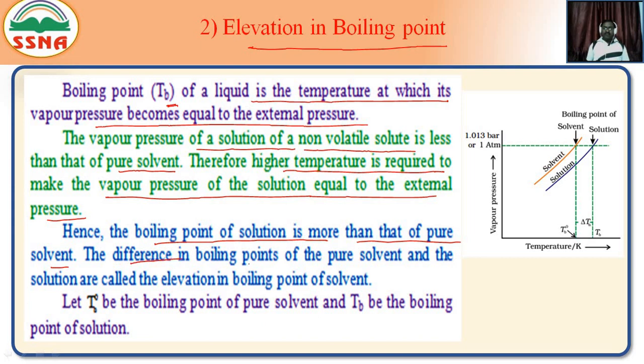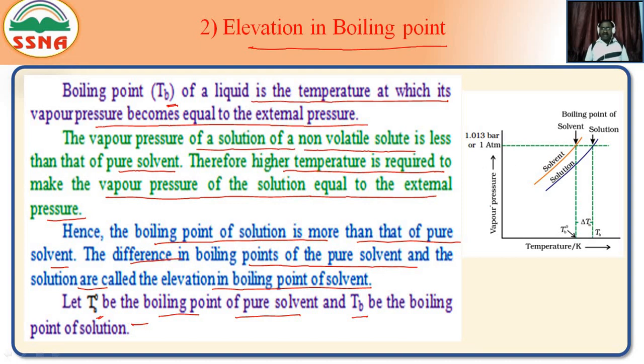The difference in boiling points of the pure solvent and the solution is called the elevation in boiling point of the solvent. Here, Tb naught means the boiling point of the pure solvent, and Tb means the boiling point of the solution.